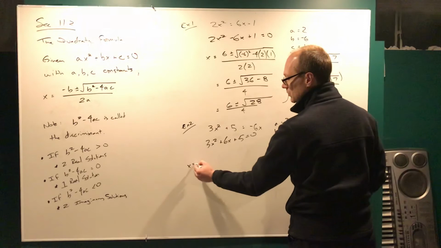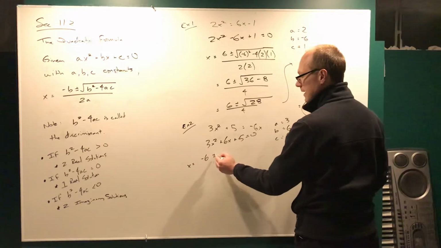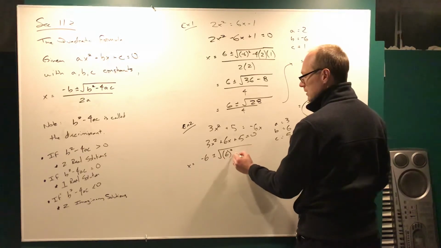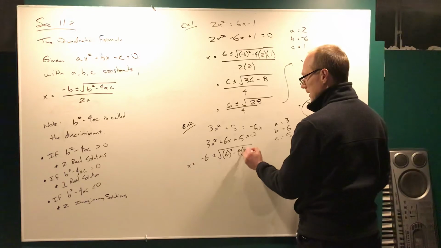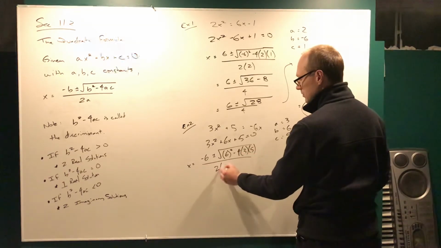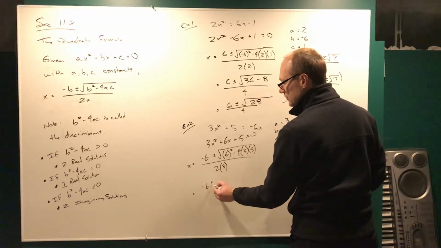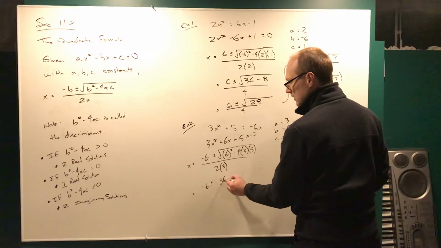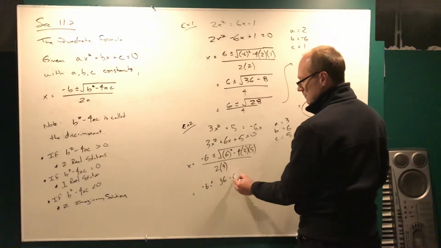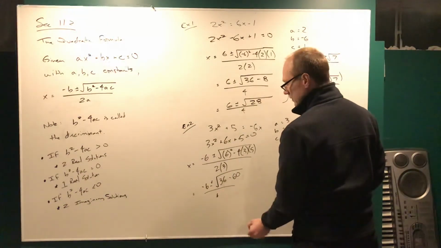So x is going to equal the opposite of b plus or minus the square root of b squared minus 4ac divided by 2a. That's negative 6 plus or minus 36. Let's see, 12 times 5 is 60, divided by 6.